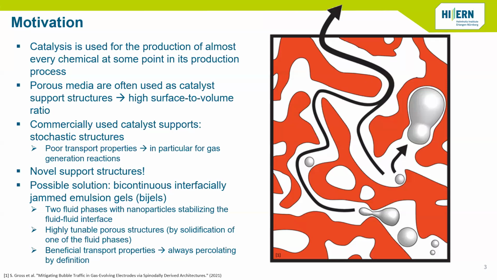The nice thing about these structures, which you can then obtain by solidifying one of the two fluid phases, is that they are highly tunable. They also have very beneficial transport properties because they're always percolating by definition, and they have uniform domain sizes and, also by definition, no dead ends or dead pores.